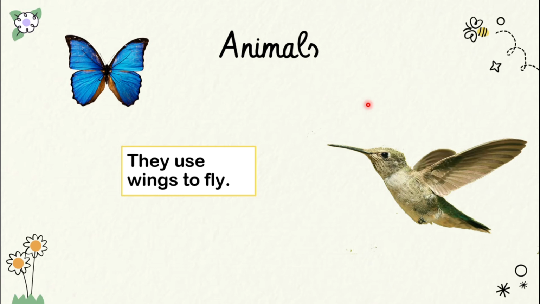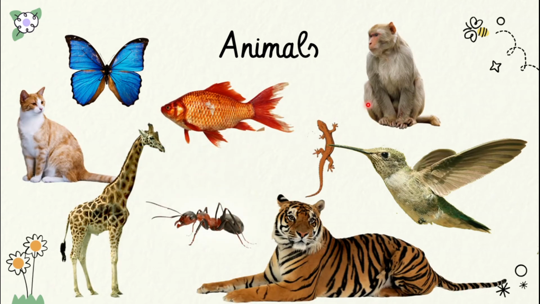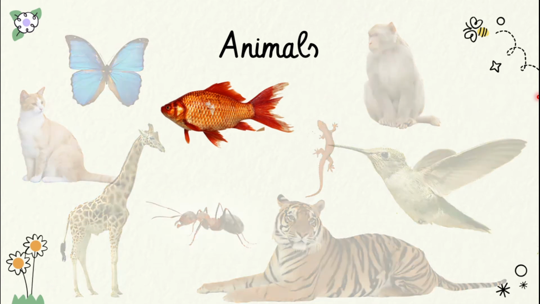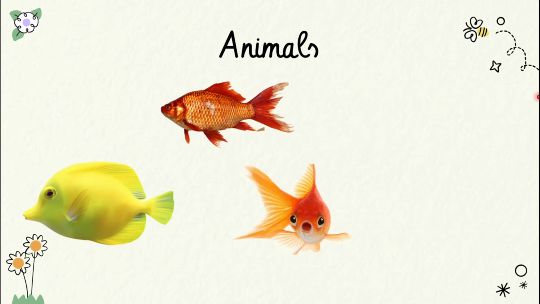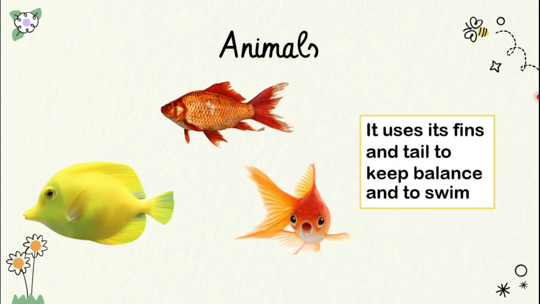And then if we come back to this page, you will see that there are animals that live in the water. These are fish. These fish have fins and tail to keep balance and to swim. They need their fins and tail to swim around. This is a fin as we did in the activity, and this is a tail.